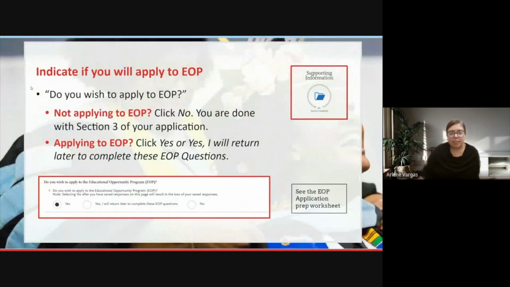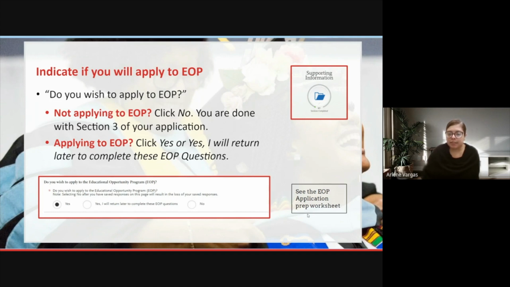On the application in this section, you're going to indicate if you will apply to EOP. You will have 3 different options, and this is what it looks like. Do you wish to apply to the EOP program? It's either yes, and you can complete the application then, or yes, and I will return later to complete these EOP questions, or you can select no. Once you select no, you're done with section 3 of the application.